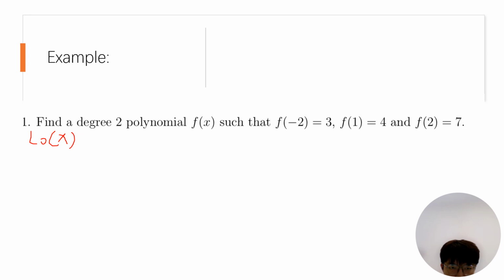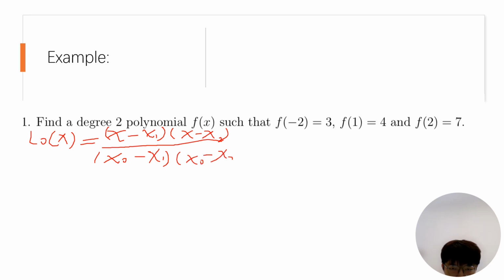L0(x) is (x minus x1) multiplied by (x minus x2) over (x0 minus x1) multiplied by (x0 minus x2), and x0 is minus 2, x1 is 1, x2 is 2.